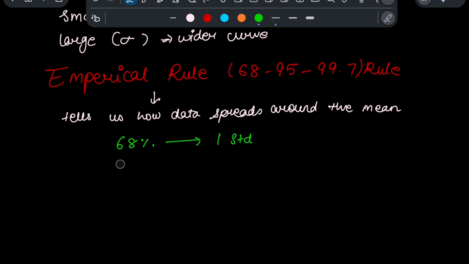95% of the values lie within two standard deviations of the mean, and 99.7% of the values lie within three standard deviations of the mean.